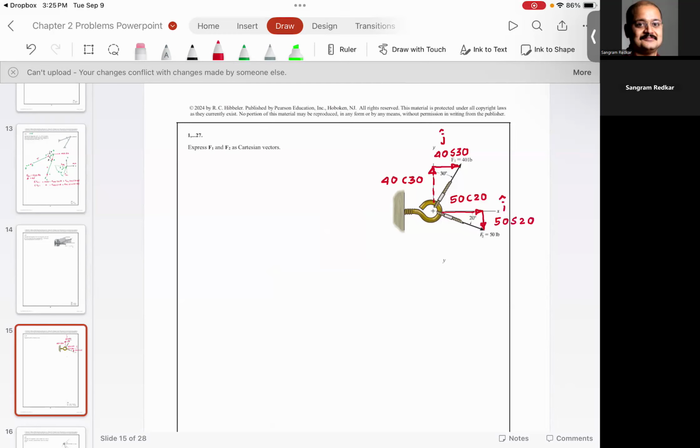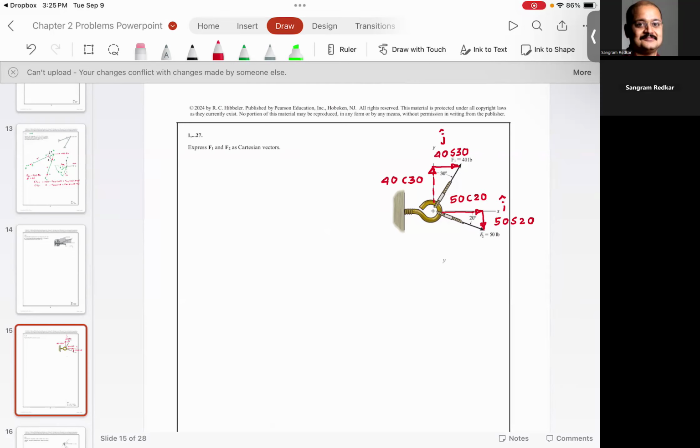Are you with me? So what I've done is I have looked at the vector, drawn the perpendiculars on the coordinate frame, and identified the component in the direction of x and the component in the direction of y.